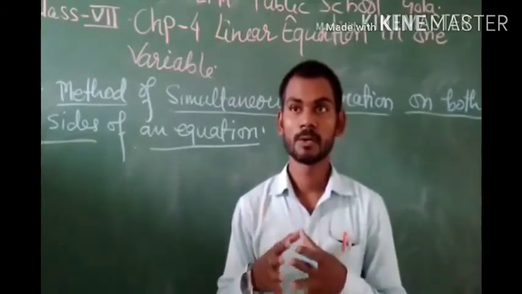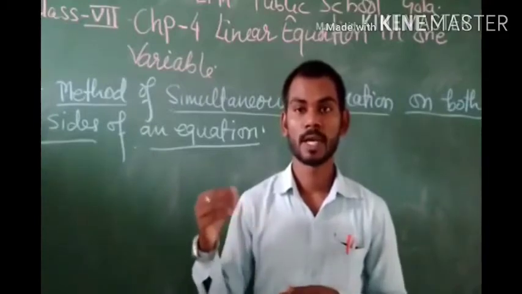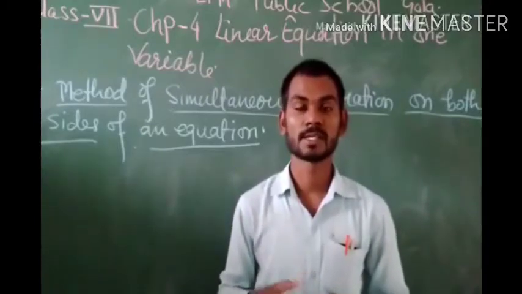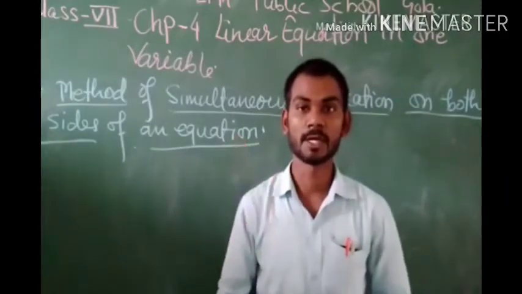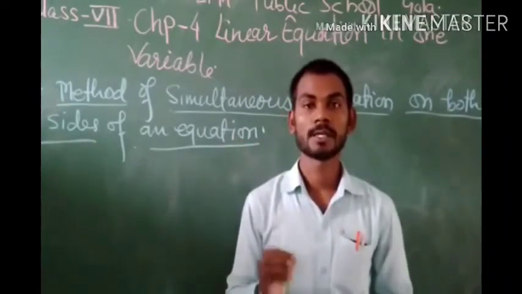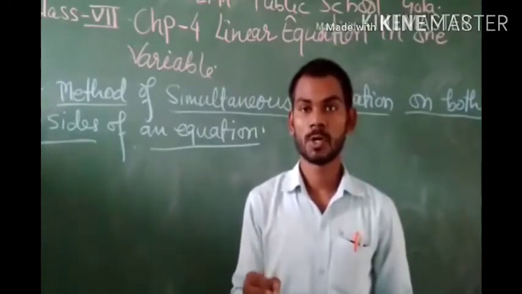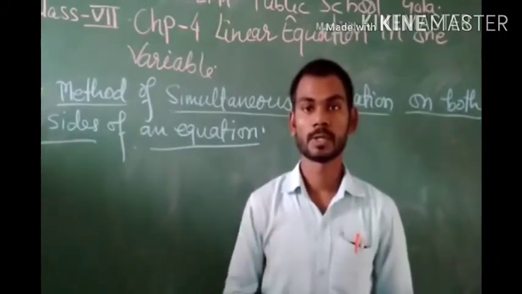the method to solve a linear equation in one variable, as we have learned in the previous classes, that is trial and error method. The trial and error method is time taking method, and it is only useful to solve simple linear equations.